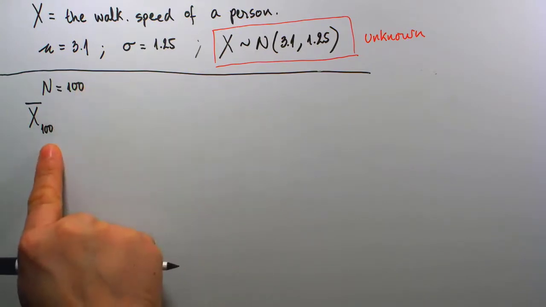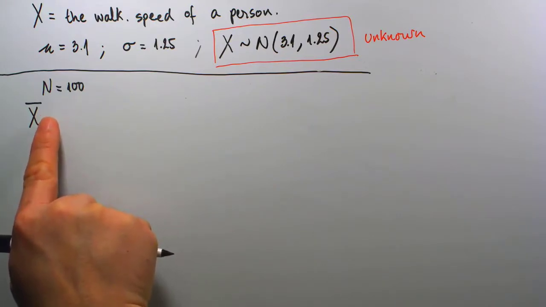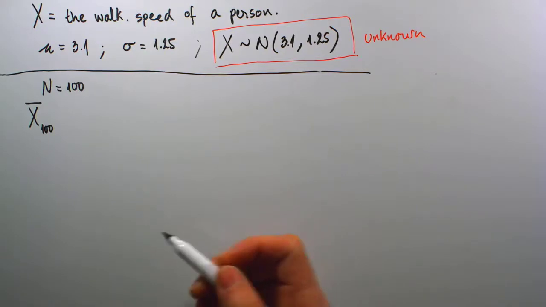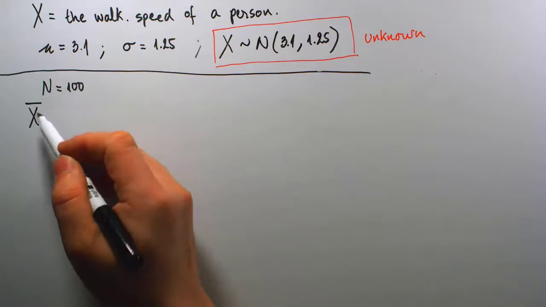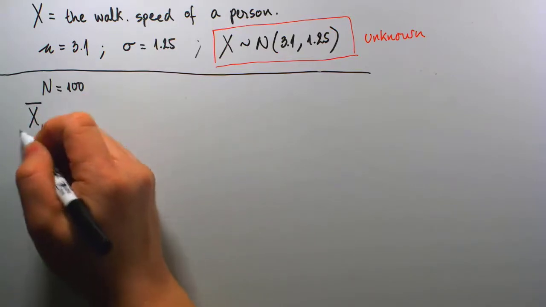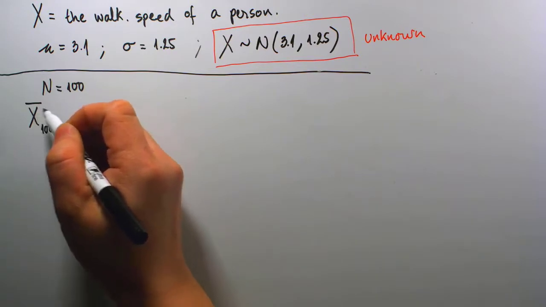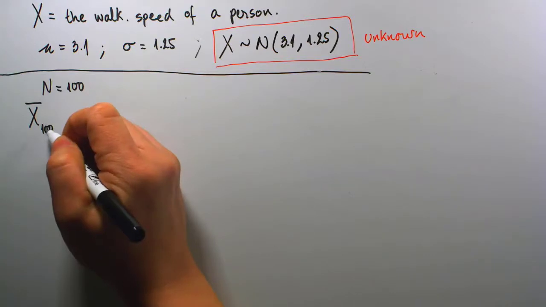Many textbooks in the market don't have this, and they only have just the ordinary capital X bar as a variable to represent a sample mean. But no, so in any sample of size 100, we can find a sample mean. And so that means we will have infinitely many values for sample means at size 100.